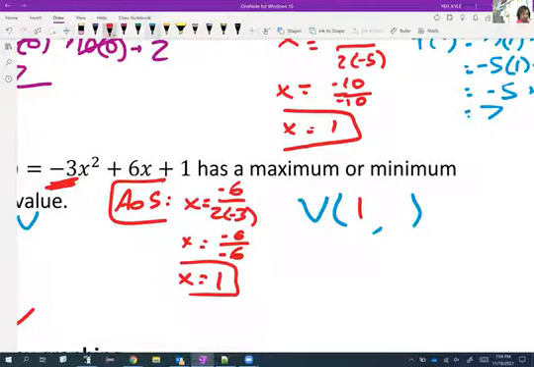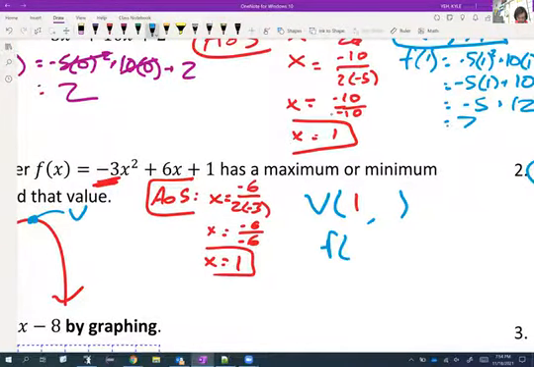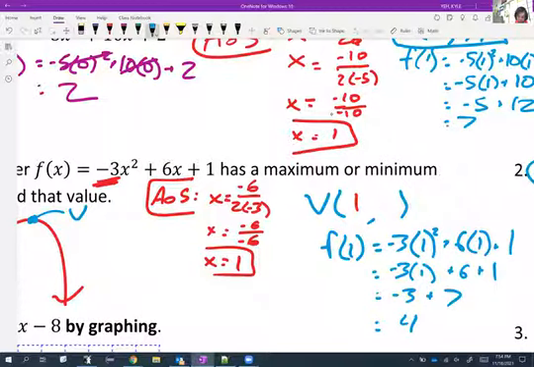And I will plug 1 into my function to figure that out. f of 1 equals negative 3 times 1 squared plus 6 times 1 plus 1. Negative 3 times 1 plus 6 plus 1. So negative 3 plus 7 is 4. So the vertex is at 1 comma 4.